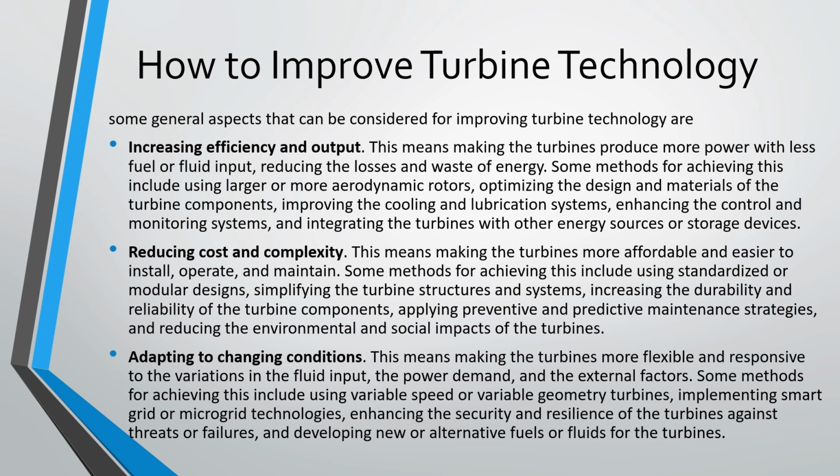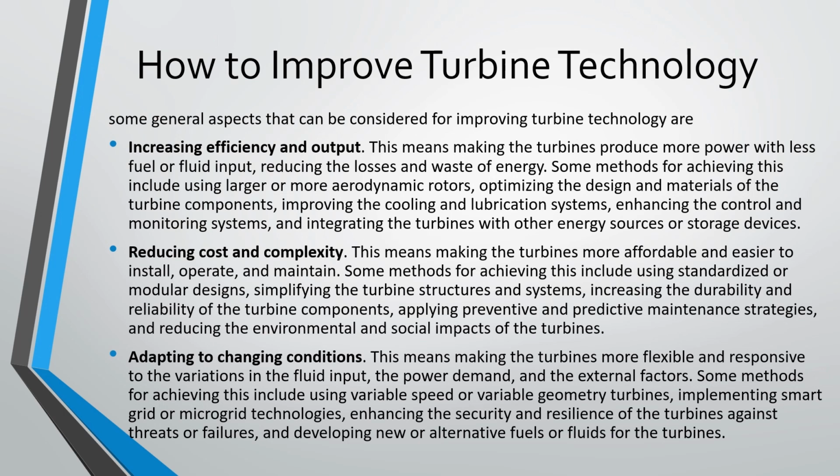Some methods for achieving this include using larger or more aerodynamic rotors, optimizing the design and materials of the turbine components, improving the cooling and lubrication systems, enhancing the control and monitoring systems, and integrating the turbines with other energy sources or storage devices.